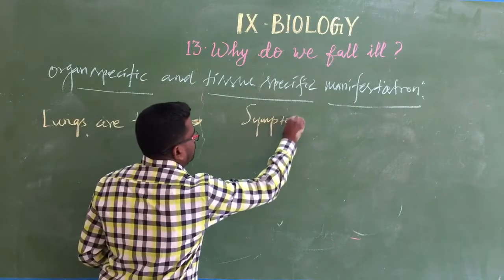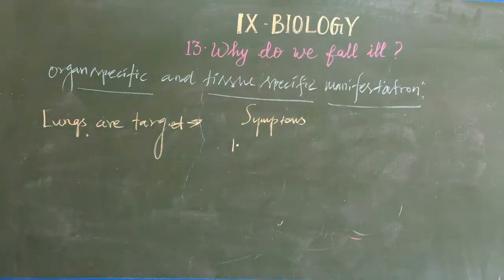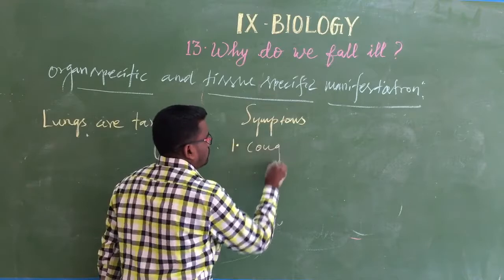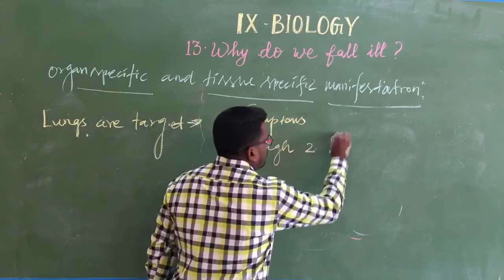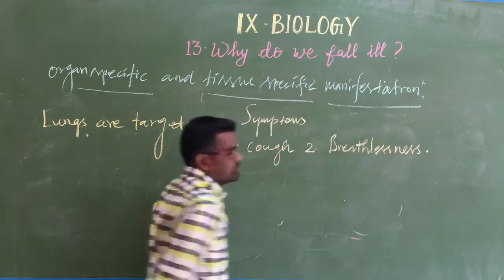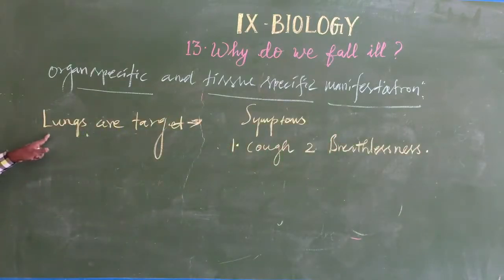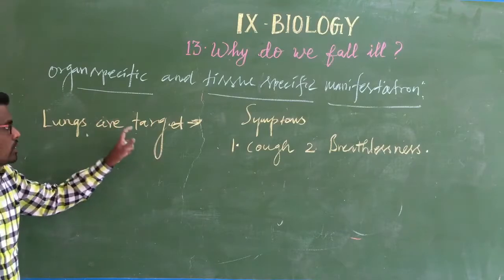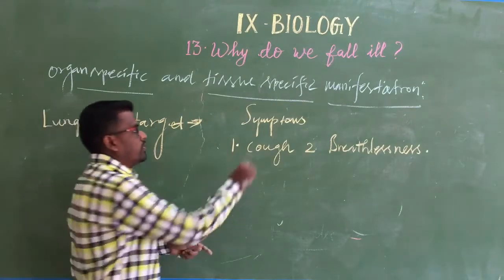Wherever the microorganism reaches, that area shows some symptoms. The first symptom is cough, and the second symptom is breathlessness. So if the microorganism's target is the lungs, it causes these kinds of symptoms.